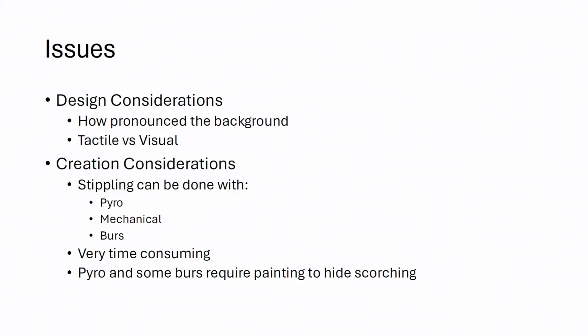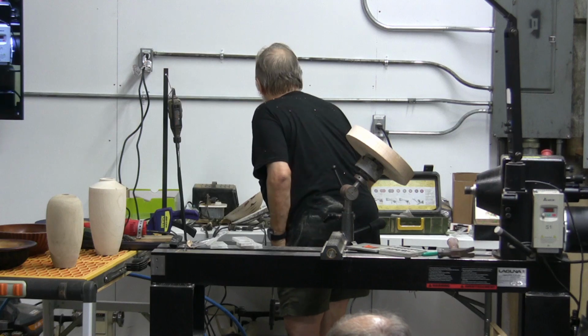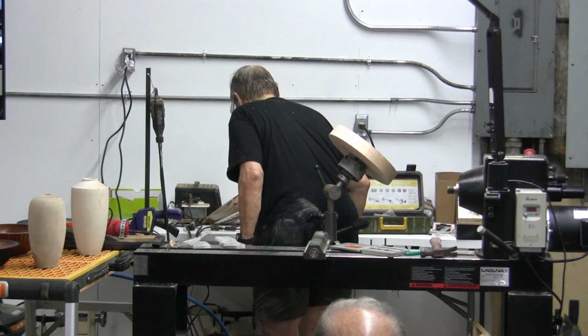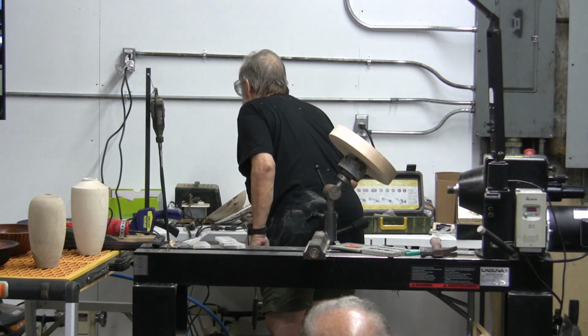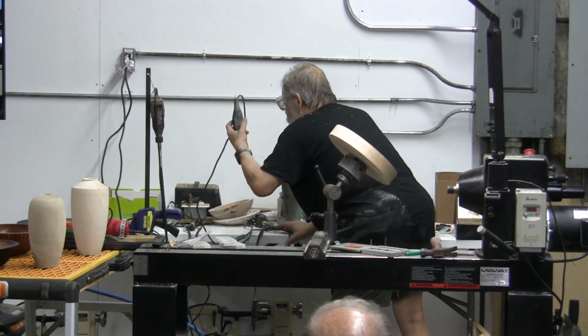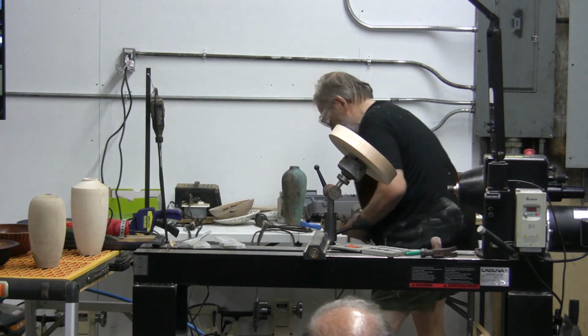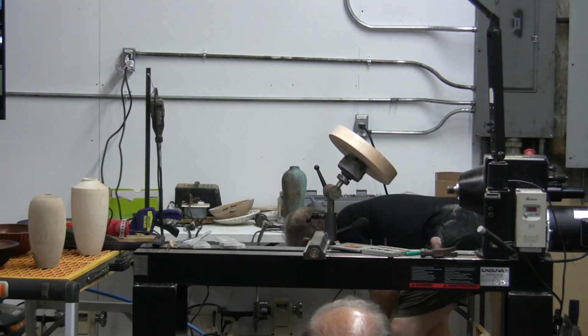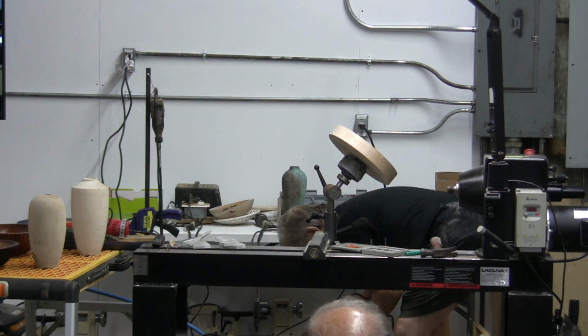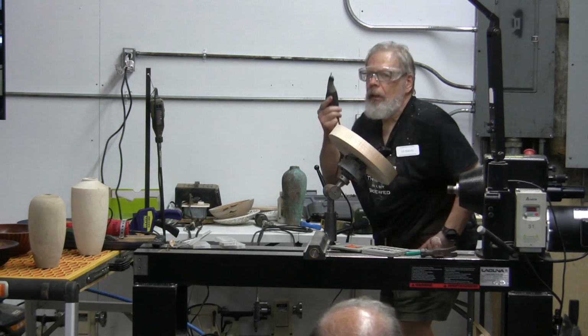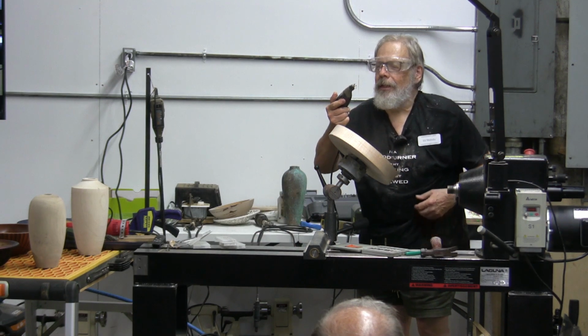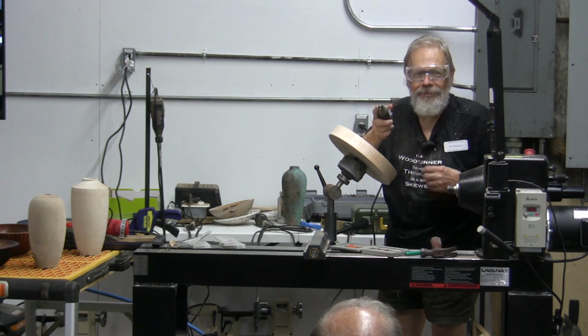Okay, so one of the fast ways to do stippling. One way you can do stippling, this is a very simple and easy way. This is a little Dremel engraver, all right?